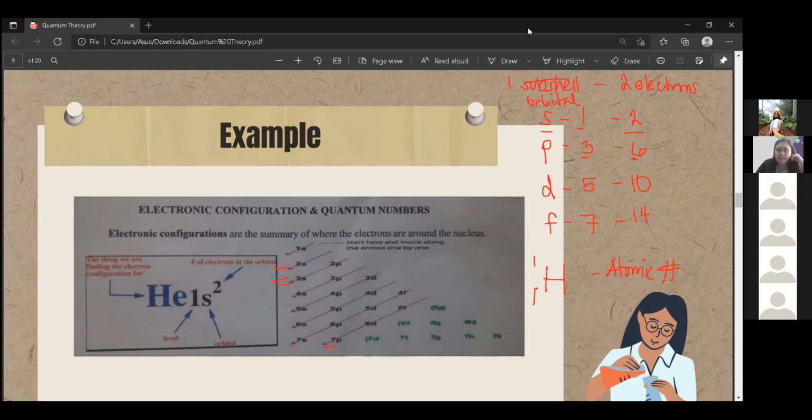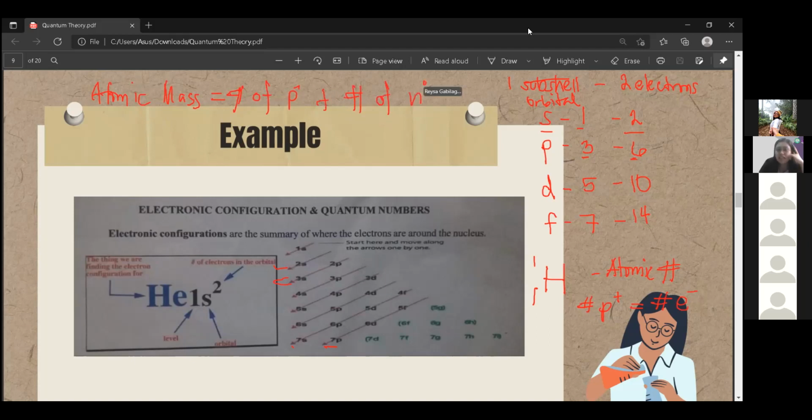Please take note, ang gagamitin natin sa electron configuration ay si atomic number. Bakit? Kasi in a neutral atom, remember the atomic number represents the number of protons. Pero pag wala siyang charge, the number of protons is actually equal to the number of electrons. Ang atomic mass kasi, if you can still remember, it represents the number of protons plus the number of neutrons.